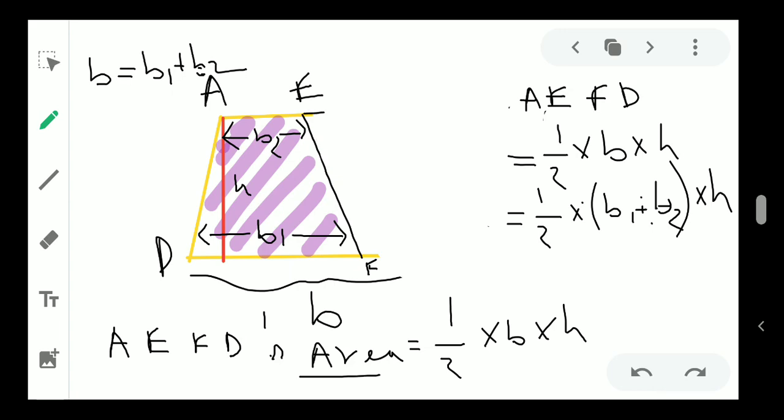Because it was a part of the big parallelogram, but now we are taking only half of that parallelogram. That's why this half is coming. So B1 and B2 are nothing but the lengths of the sides that are parallel to each other, and h is the distance between them.